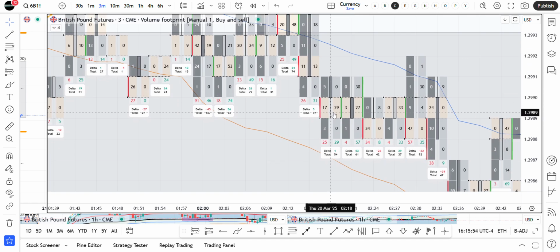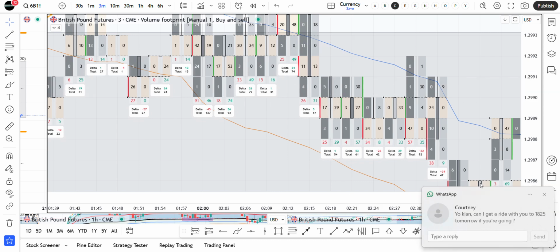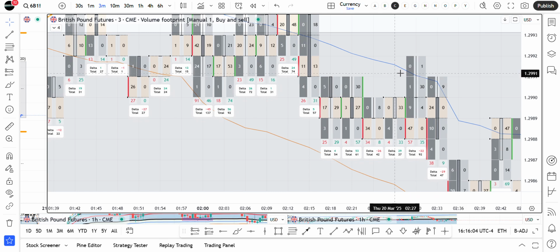Goes lower, here's 50 contracts, doesn't go higher. And boom, nope. There we have 30 and 27, doesn't go higher. We have 33, it's not going higher.